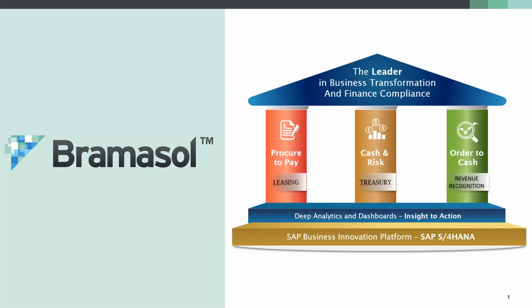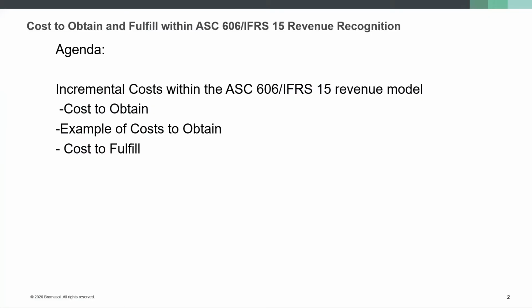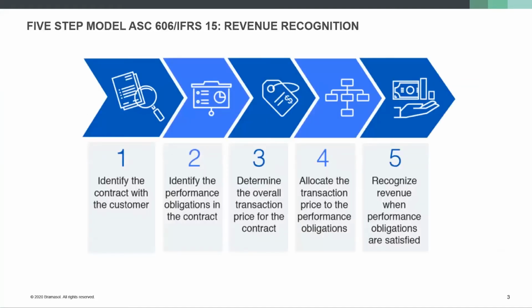Today, we're going to talk about something which is actually outside of the ASC 606 five-step model, and that is cost to obtain, cost to fulfill. And why is it important? As we know, there's a five-step model for ASC 606, starting with the identification of a contract with a customer, all the way down to recognizing revenue when the performance obligations are satisfied.